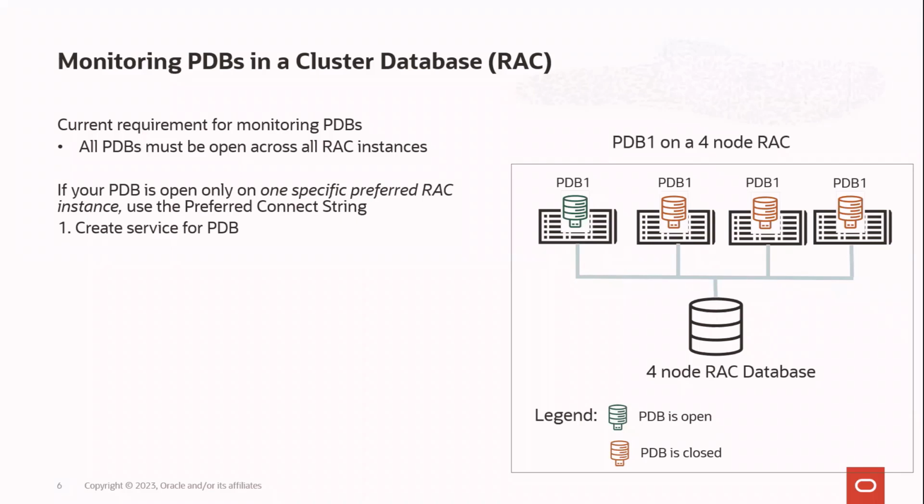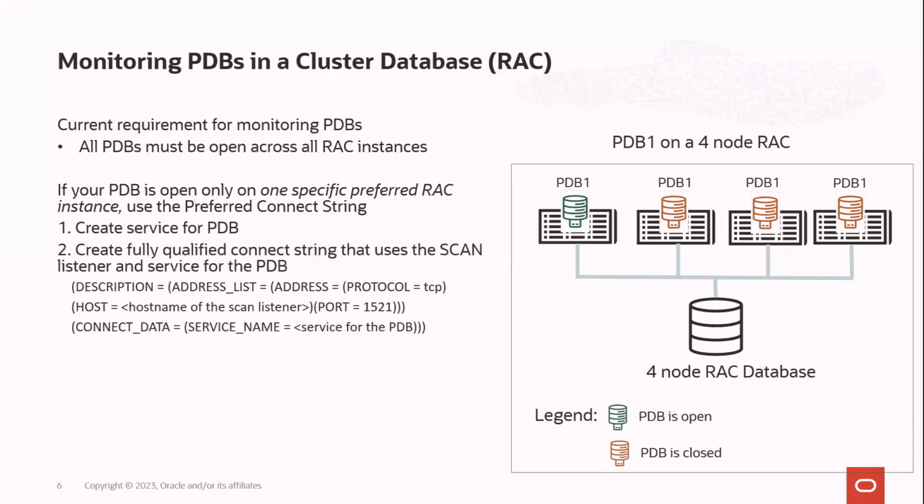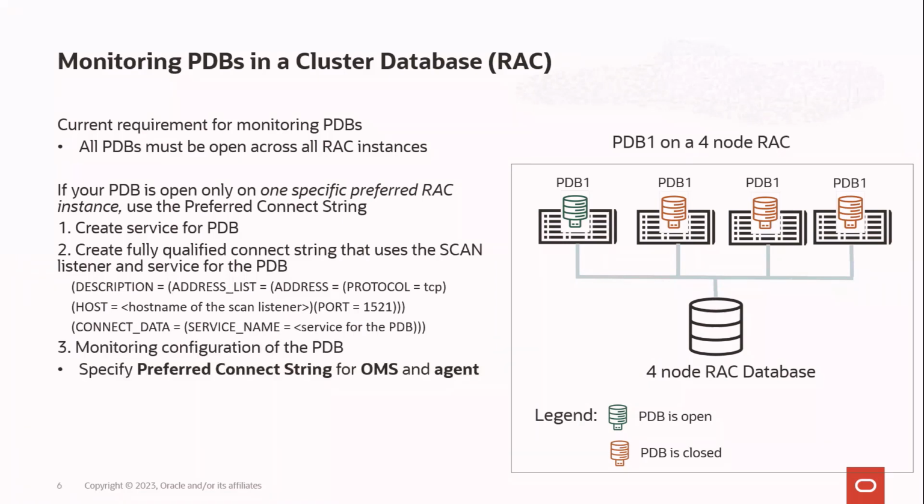First, create a service for your PDB. Then create a PDB preferred connect string that contains the scan listener hostname and your service for the PDB. Then, similar to what we discussed earlier, in the monitoring configuration of the PDB, specify your PDB preferred connect string for both agent preferred connect string and OMS preferred connect string properties.